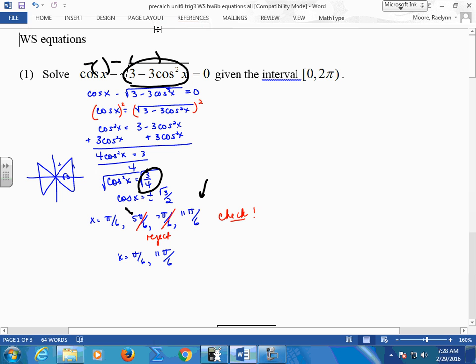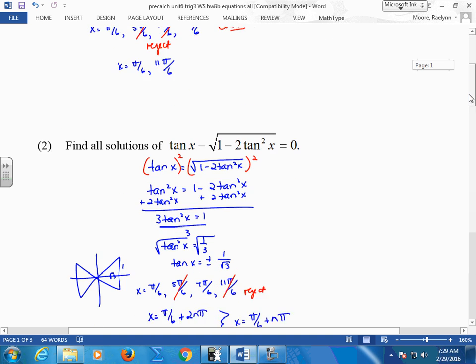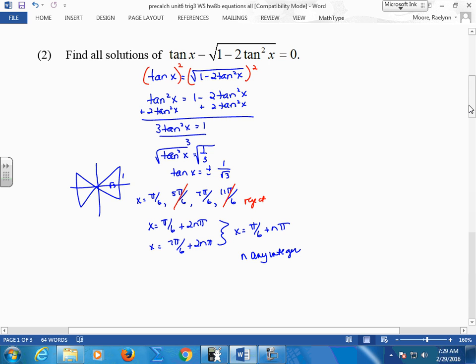Everybody okay with that? Same rules of radicals always apply. Isolate them, square them, and always go back and check them. Radicals and absolute values have those issues. Again, isolate your radical, square both sides, gather your tangents together, take the square root of both sides, and don't forget it's plus and minus.